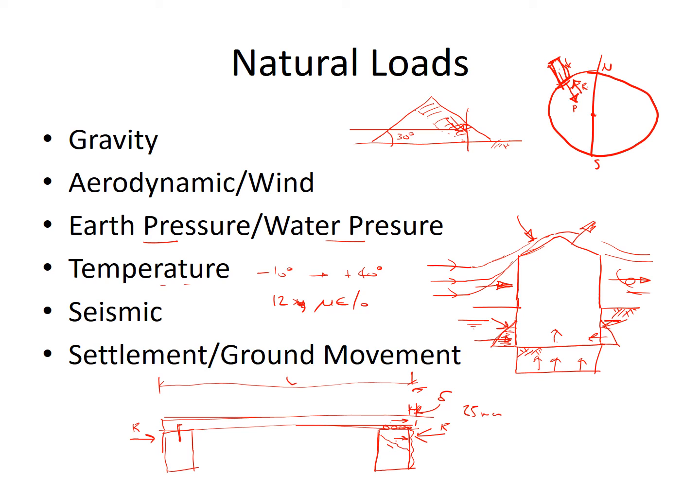And even then, integral bridges, although they might not have bearings and joints, will still be flexible enough to give and take, allowing that movement to happen rather than straight out resisting that force.